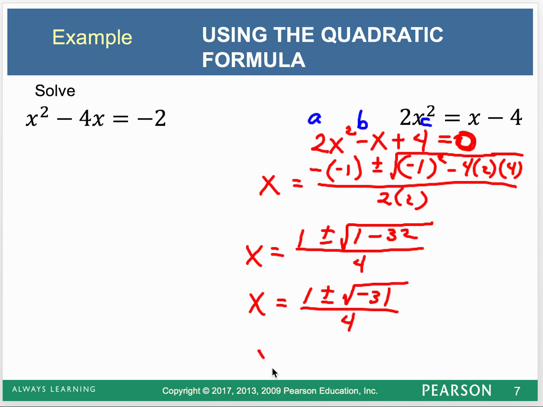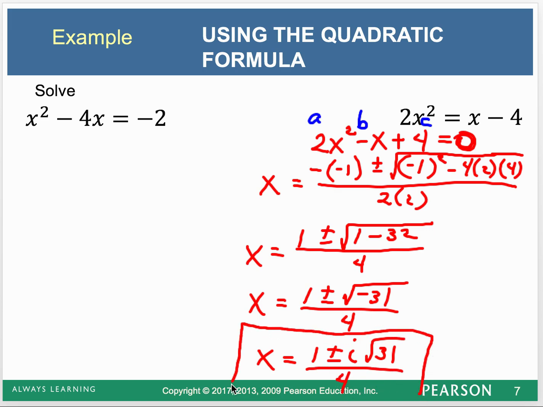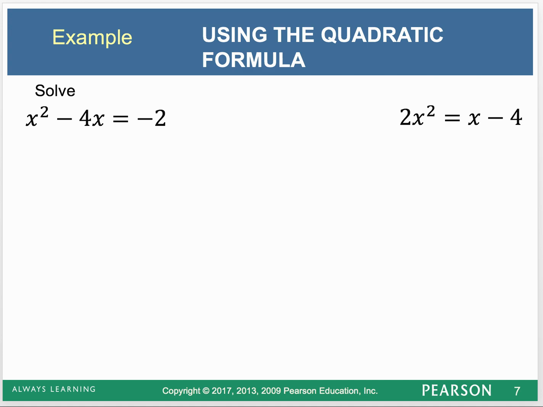Can't have that negative under a radical. That 31 won't simplify any further though, so then I'm finished. A nice quadratic formula problem. Okay, let's see what else we got.